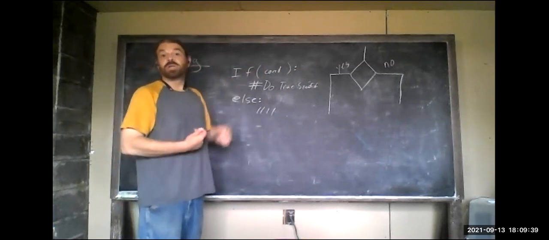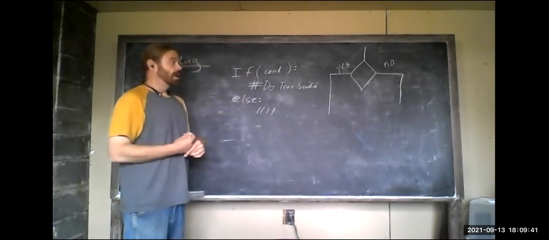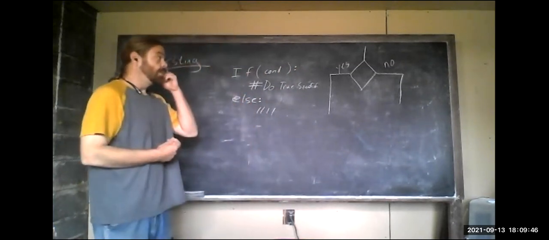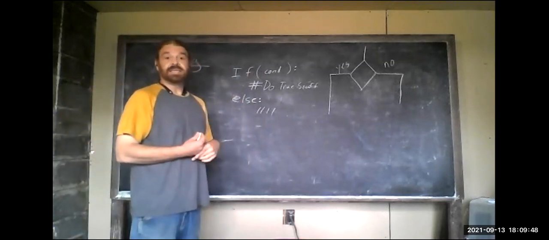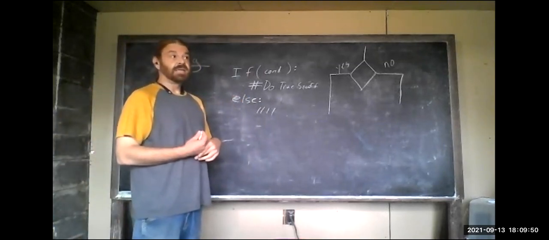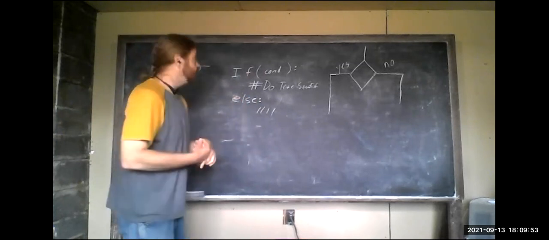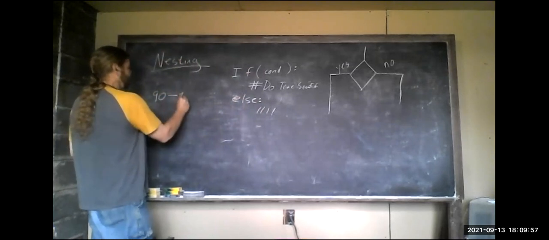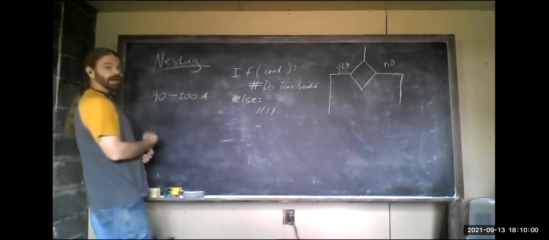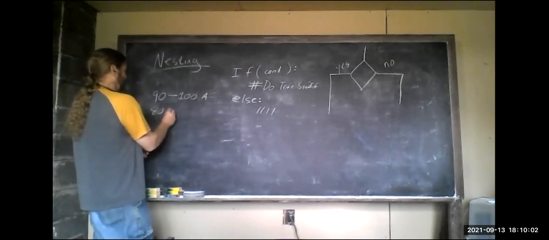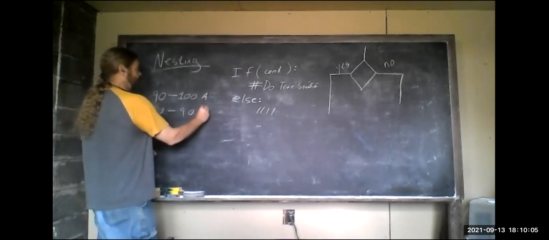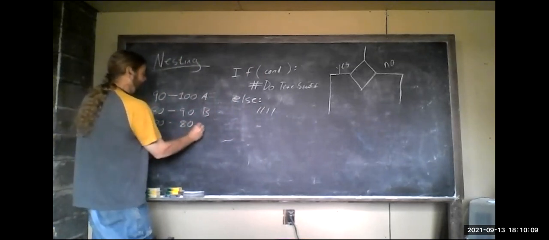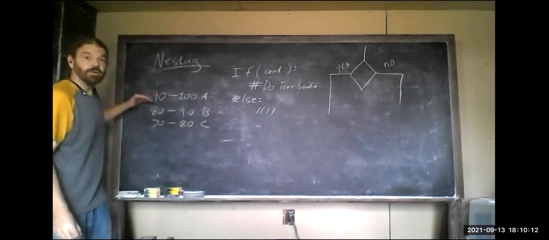But maybe we have more than just a simple yes or no. A very common thing, and what I was going to use for an example to talk about this here in just a moment, is grades in the class, right? Because there we have quite a few conditions we want to check. Because if something is between 90 and 100, we'll get an A. If it's between 80 and 90, that's going to be a B. 70 to 80 is a C. So we have a whole lot of things to check.